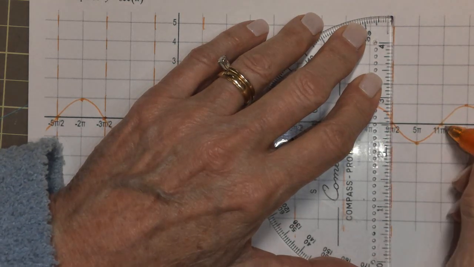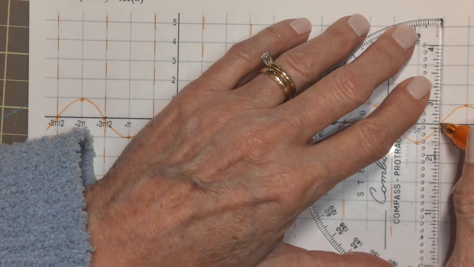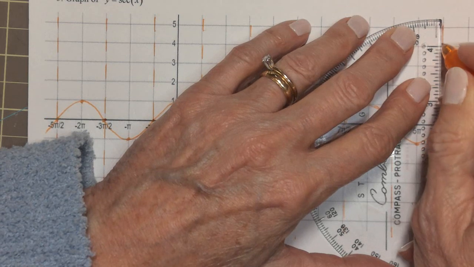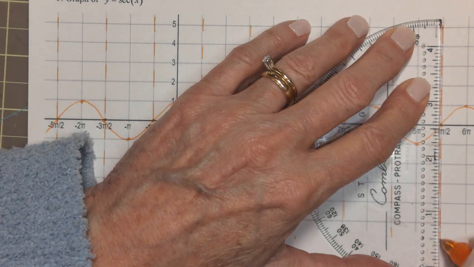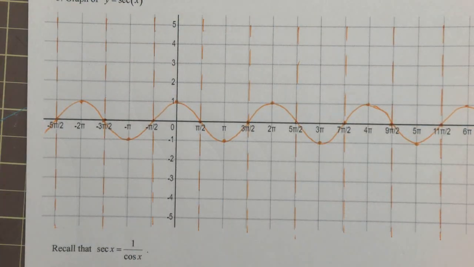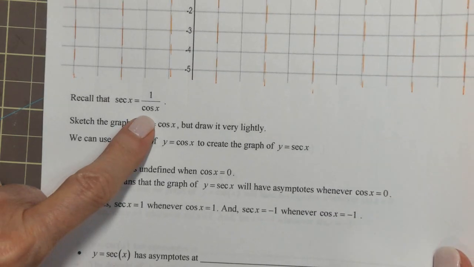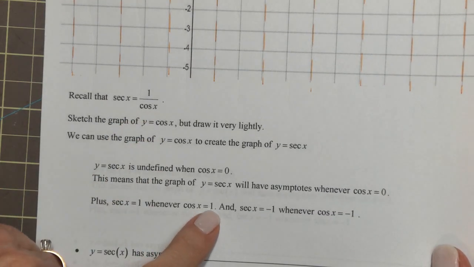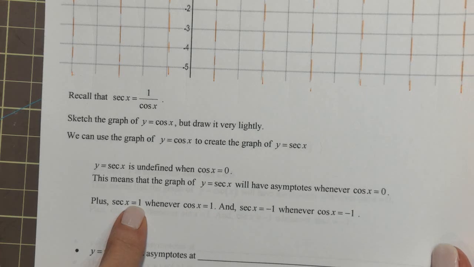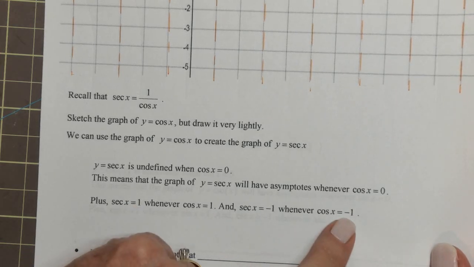Once again, I have plenty of these so we can really get a good feel for what secant looks like. Since secant is 1 over cosine, everywhere that cosine is 1, secant will be 1. Everywhere that cosine is negative 1, secant will be negative 1.